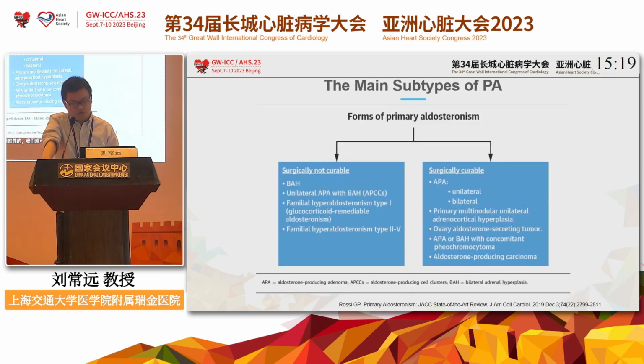Clinically, the most useful classification of PA is presented in this slide, which distinguishes between surgically correctable and non-surgically correctable forms. Adrenalectomy, when guided by AVS, can almost cure the aldosteronism and resolves or improves the control of blood pressure, with better outcomes when the diagnosis is made early.